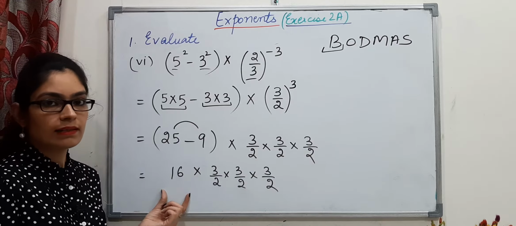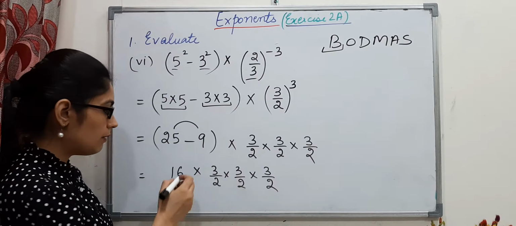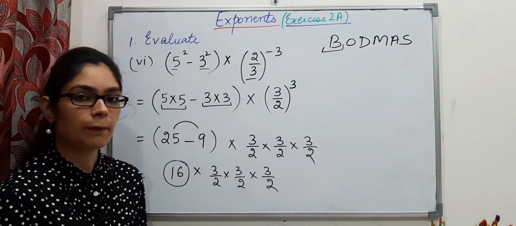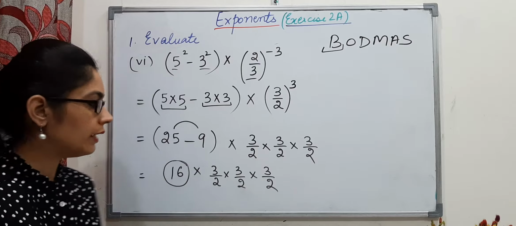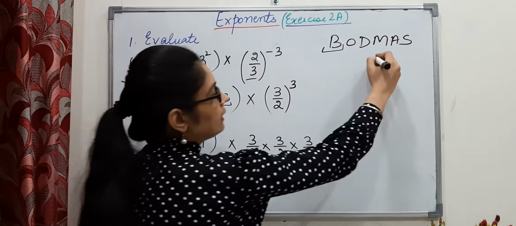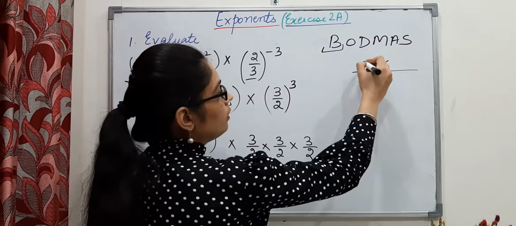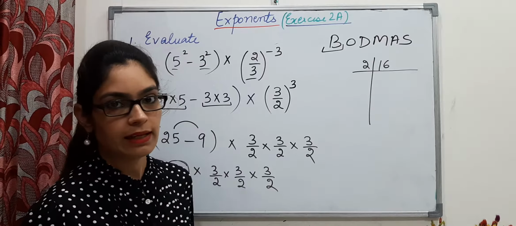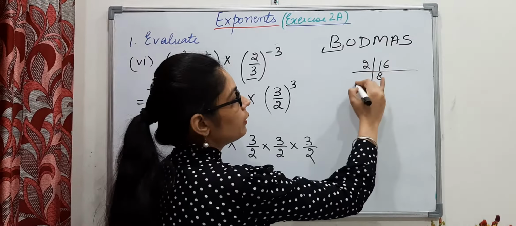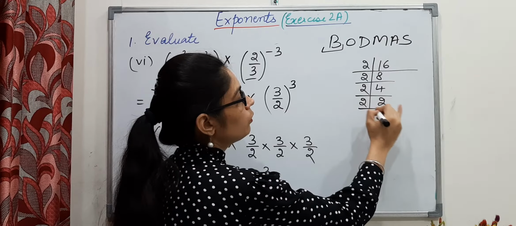See this 16, since we are doing the exponents chapter, whenever we can convert any number into its exponential form, we can do that. So 16, let's find the exponential form of 16. We have to make the factors, like we make factors while calculating LCM. So 2 into 8, 2 into 4, 2 into 2 and 2 into 1.